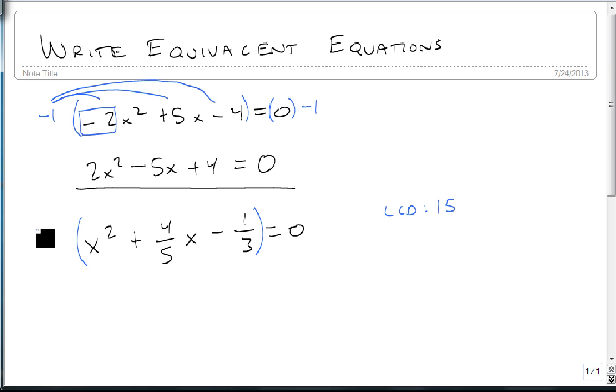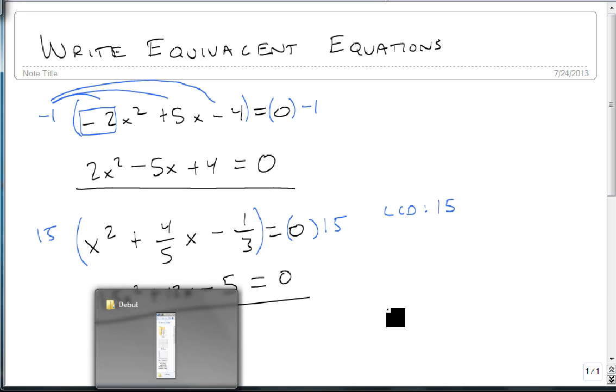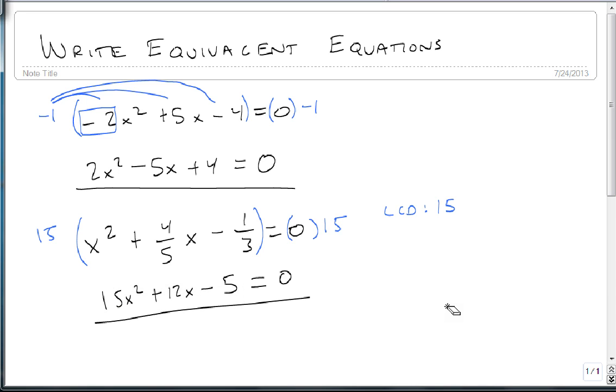Multiply both sides by 15. That gives us 15x². 15 divided by 5 is 3 times 4 is plus 12x. And 15 divided by 3 is 5, equals 0. Now we have something that will be easier than before, and it's an equivalent equation, so it'll be solved the same way.